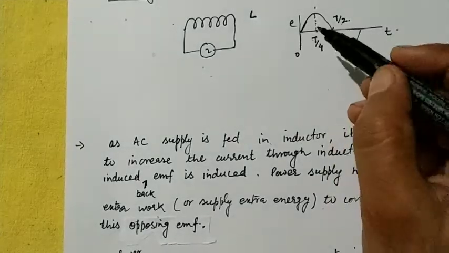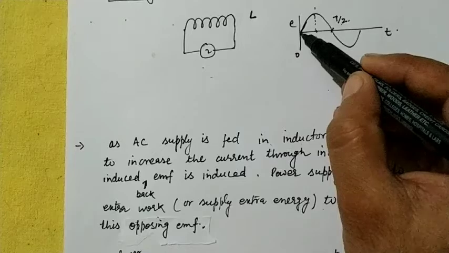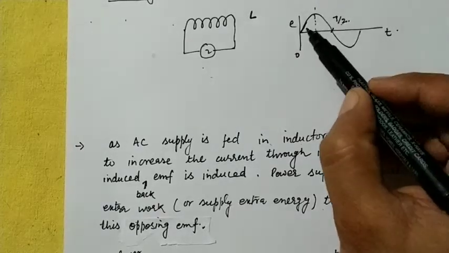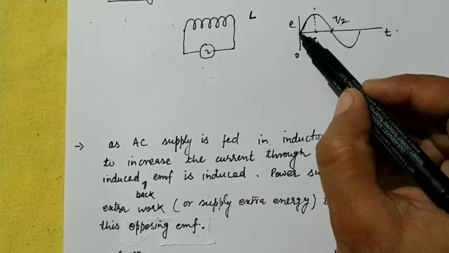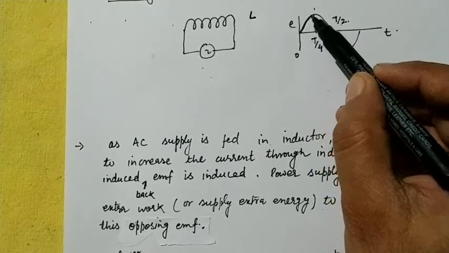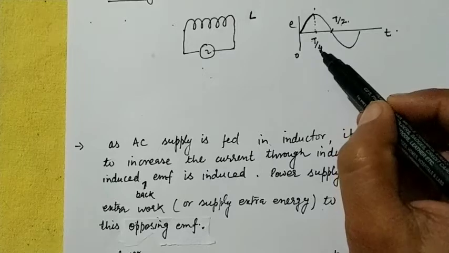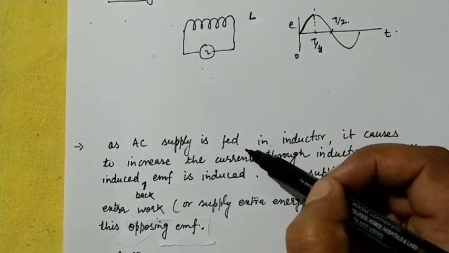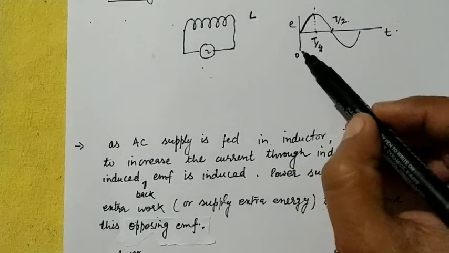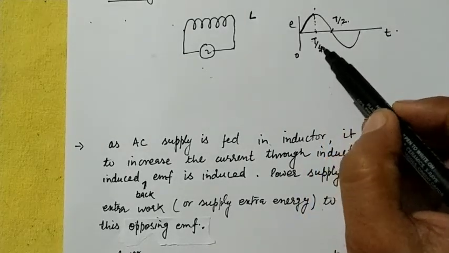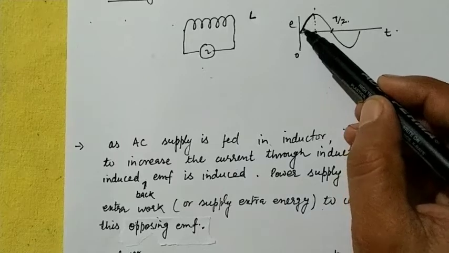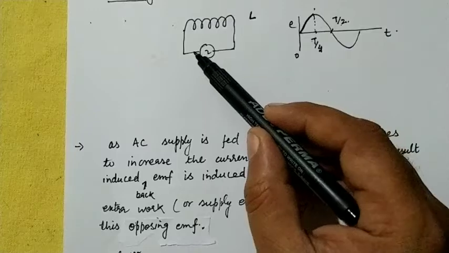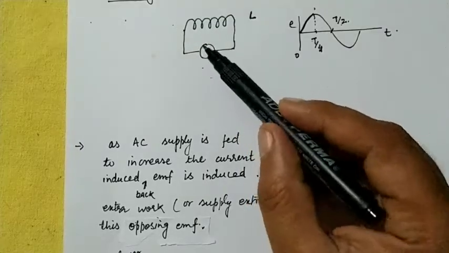First I divide this AC power supply into two sections: the first is from 0 to T by 4, and then T by 4 to T by 2. For the section 0 to T by 4, the EMF of the voltage of this power supply keeps on increasing.